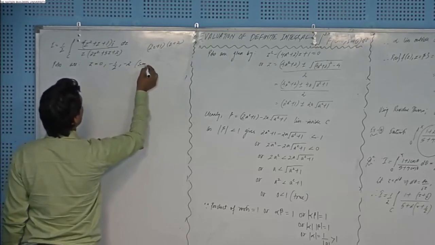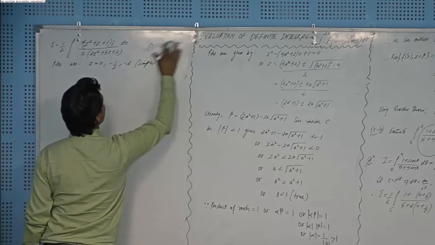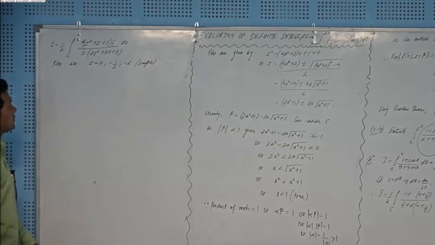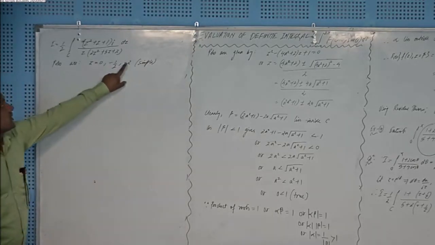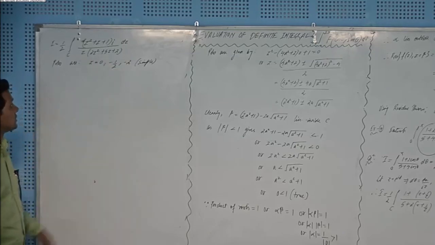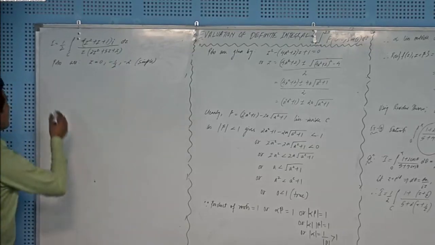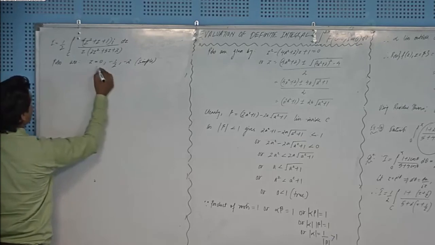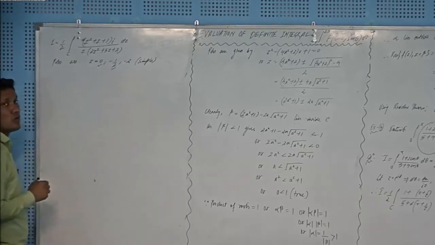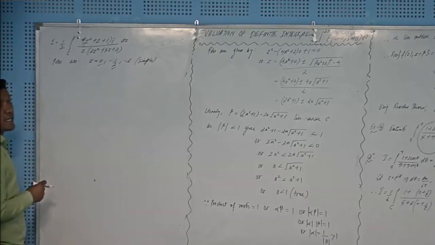And all of them are simple poles, right? Okay, now you decide that this minus 2 will lie outside the unit circle, obviously, or only these two poles will lie inside. So only this pole and this pole will belong to your contour C.